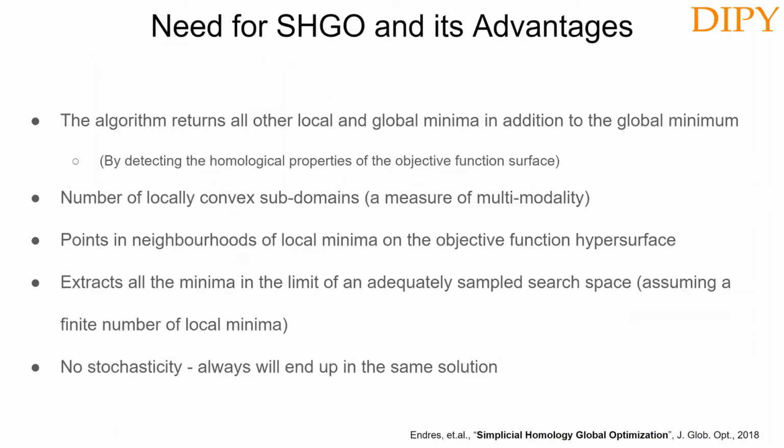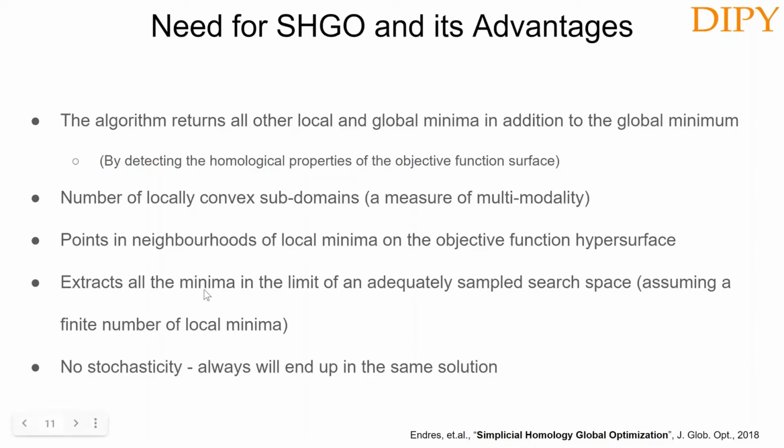The advantages that this type of optimization has is that it will return all local and global minima. It also returns the number of locally convex subdomains, which can be used as a measure of multimodality. So for instance, in this case of IVIM, where we have perfusion and diffusion, it can help understand at what point the perfusion is getting entangled with diffusion and where this degeneracy in estimation is occurring.